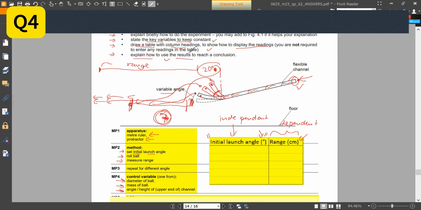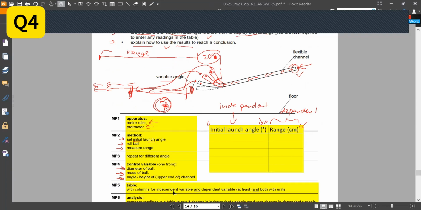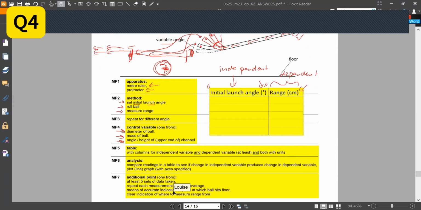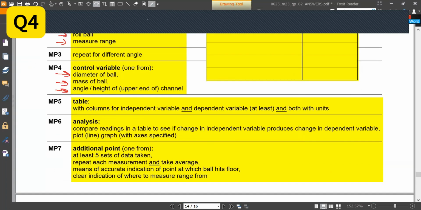Finally, explain how to use the results to reach a conclusion. So what will be our analysis? How do we analyze the results? Table with columns for independent variable and dependent variable. Compare the readings in the table to see if a change in the independent variable produces a change in the dependent variable.